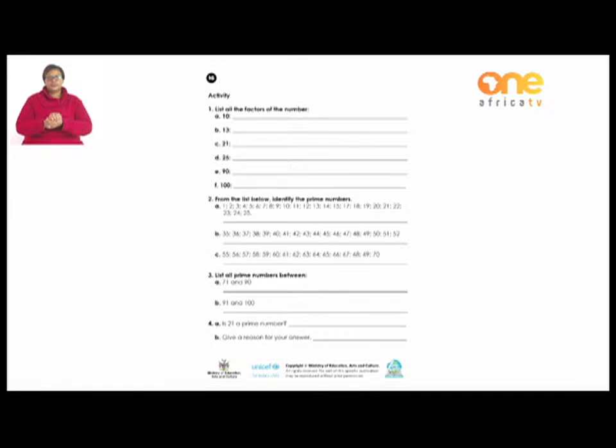question 2. The following, from the list below, identify the prime numbers. So there are numbers listed there from 1 until 25. You only need to choose which numbers are prime numbers, and then you write them on the space provided.